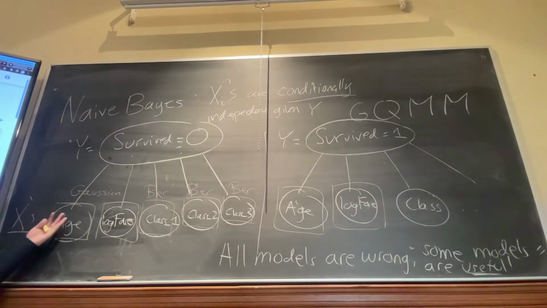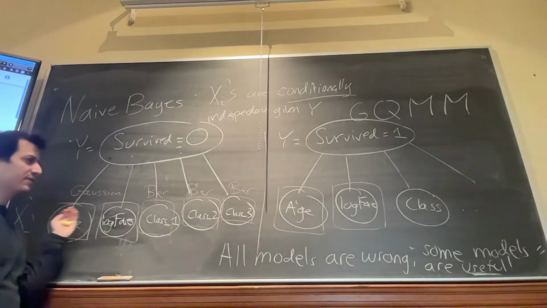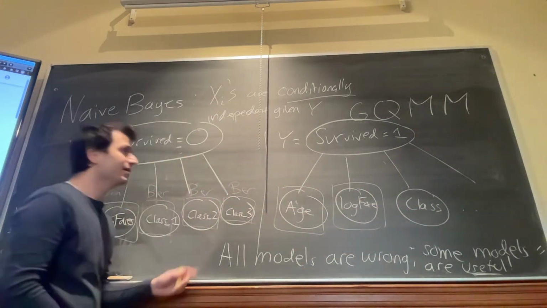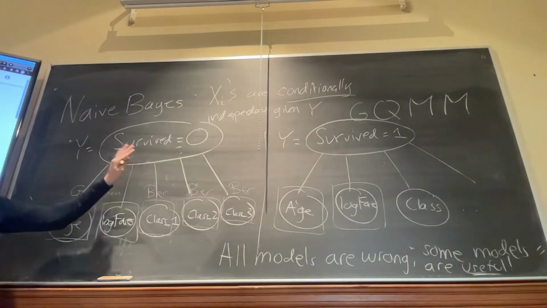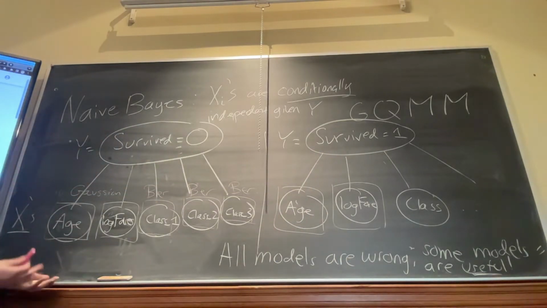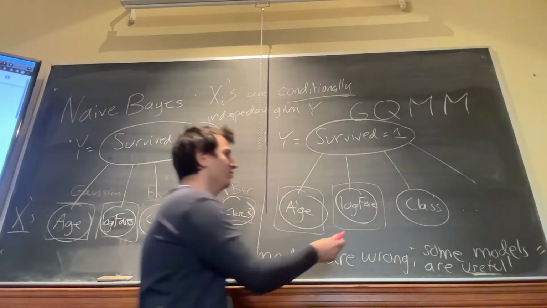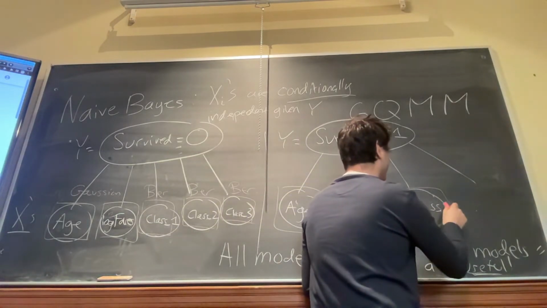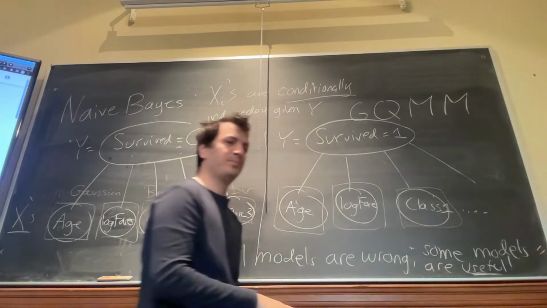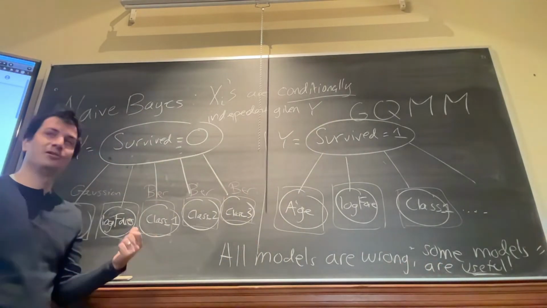What I have to do is estimate the parameters for all these things over here, and for all the things over there. They can be different parameters, because survived equals 0 is different from survived equals 1. I'm going to estimate the parameters and then use that to build my model. Over here again, same thing. So that's the setup of the naive Bayes.